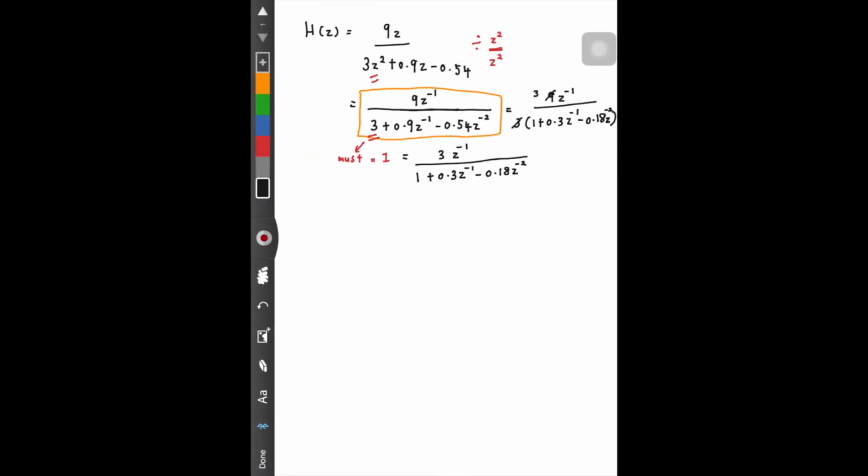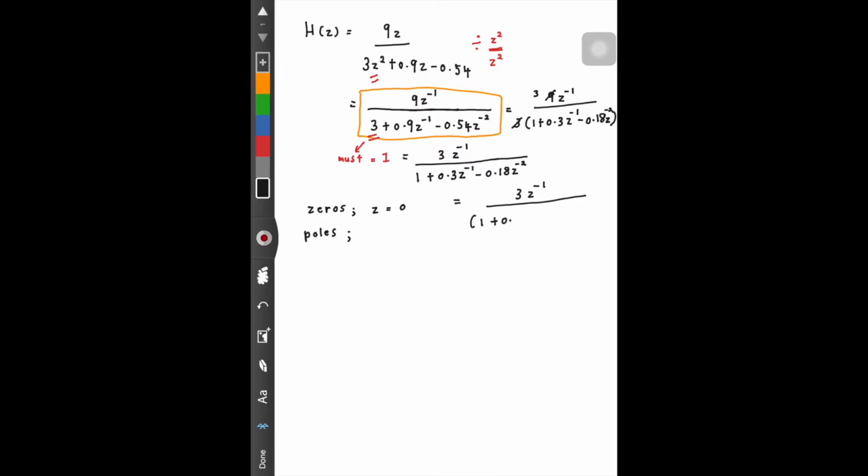So based on here, you know that for your zeros, you have z equal to 0. For your poles value, you cannot determine it straight from this one, so you need to factor out the denominator part. When you factor out, you can just use your calculator.